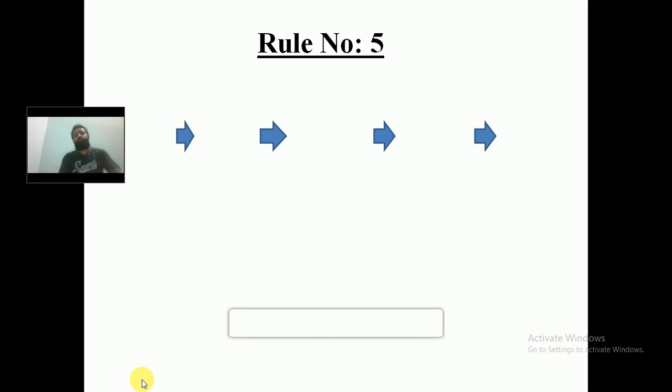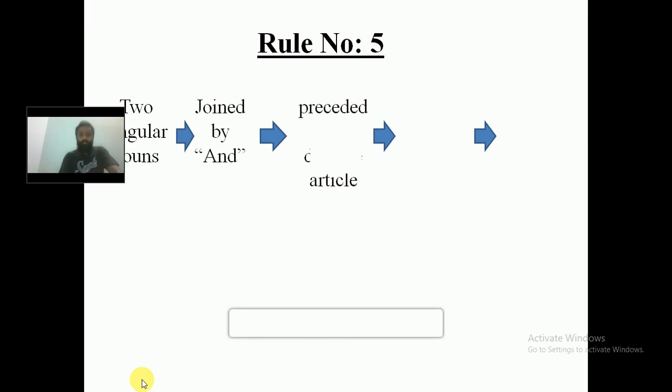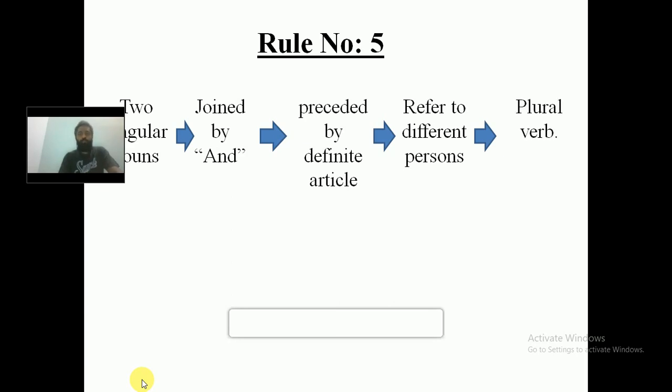Now move on to rule number 5. Two singular nouns joined by the word and, preceded by definite article, referring to different persons, we are using plural verb.